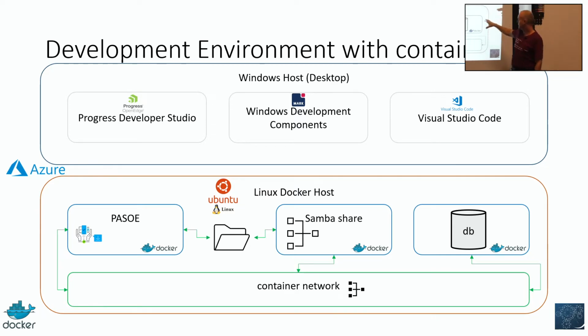But once you start getting your database and your PASOE and some other things into containers, you can move that into your Linux containers, and you can set it up so that, for example, Progress Developer Studio is connecting to the database that's running in Docker. You could be exposing the content of the file system you're working on through a Samba share in a Docker container if you want, and you've got your PASOE running in containers as well. So it's a nice way of getting a hybrid environment that you can work with.